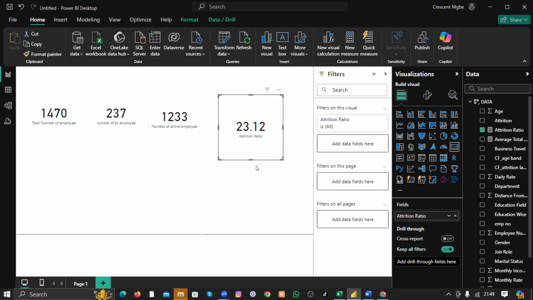It doesn't mean that your staff welfare is not good. But when it is high, from 20 and above, then there's a problem in your company. Your staff are not happy. You're not paying them well. They want to leave. So many people are leaving your company, and it's not a good thing for you.